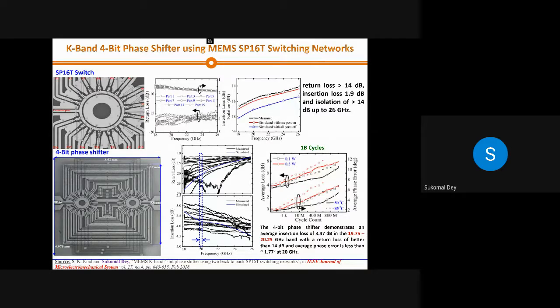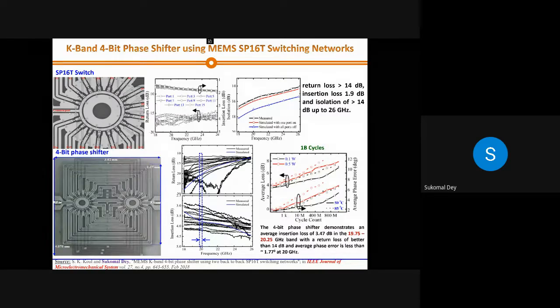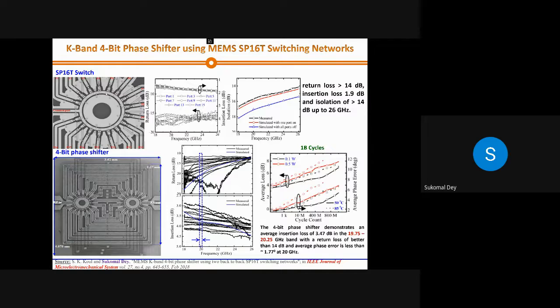Each and every switch is connected to a different path from P1 to P16, and whenever you are giving the input signal, signals are going through this CPW line in a circular fashion. Whenever it is getting some shorted path, or whenever a particular switch is connected to the central line, then this particular arm is activated. So this is how one SP16T configuration was developed.